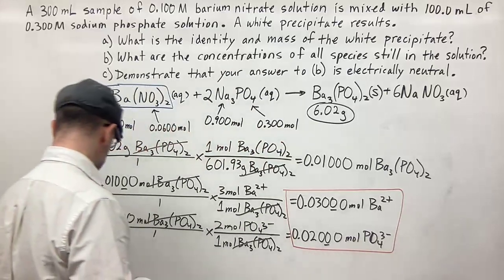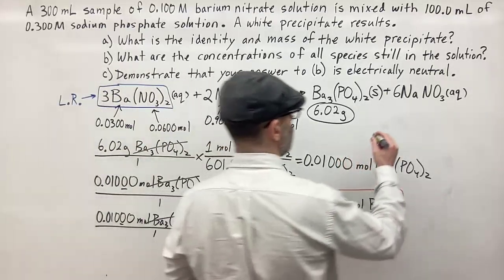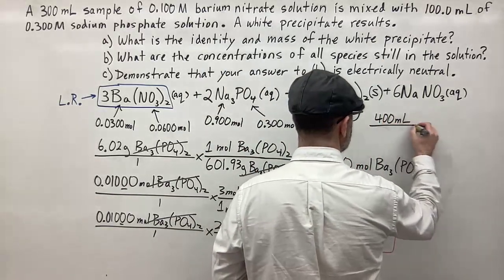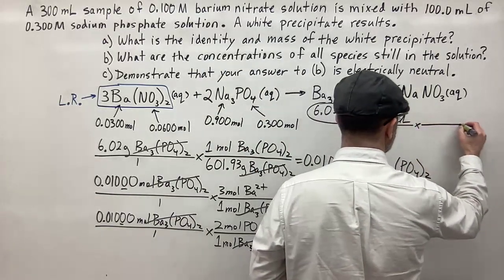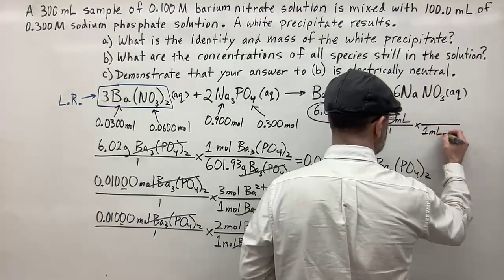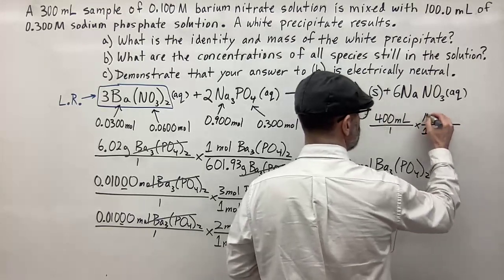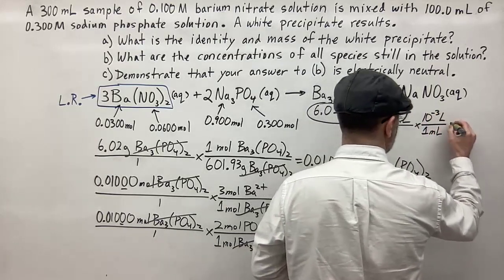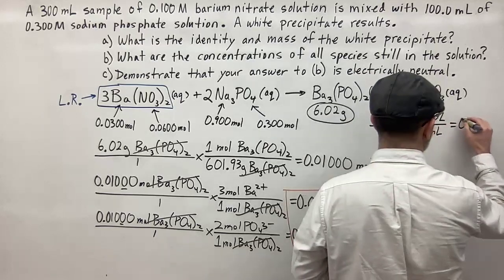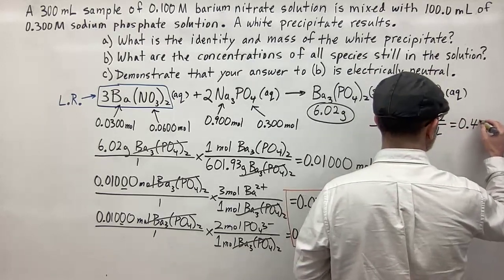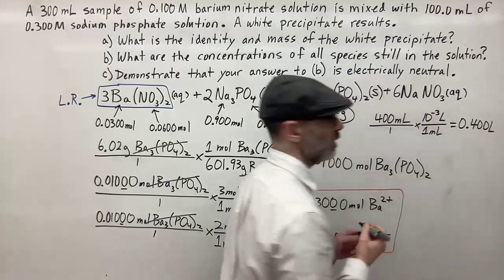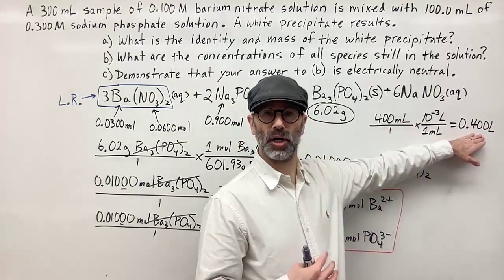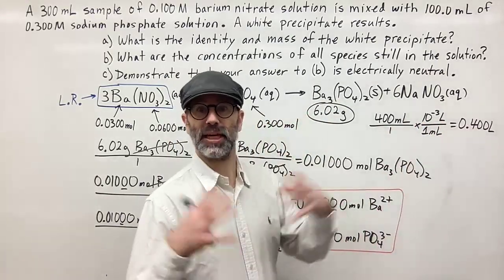If we convert that, 400 milliliters over 1 milliliter is equal to 10 to the negative 3 liters, or 1/1000th of a liter. So that's going to be equal to 0.400 liters of solution. So we now have the volume of our new solution with everything mixed together.